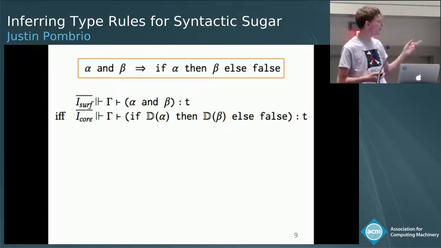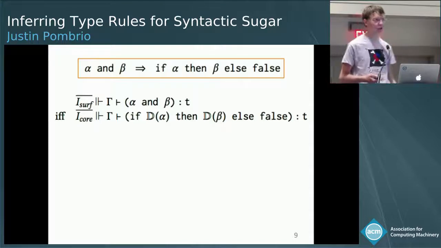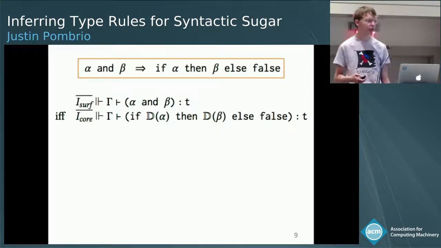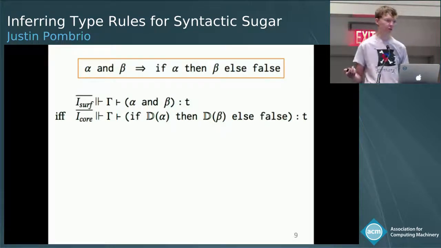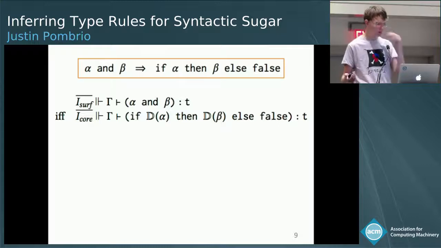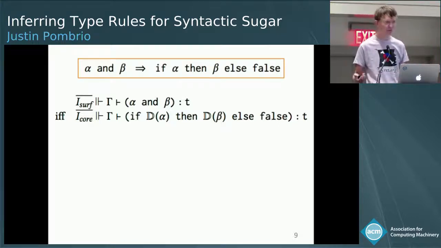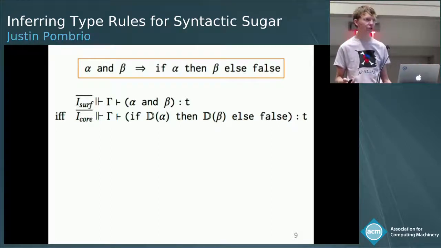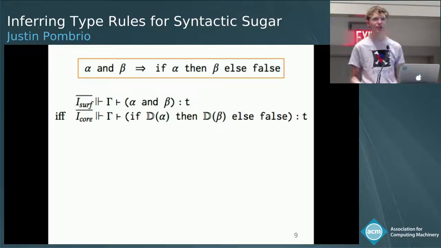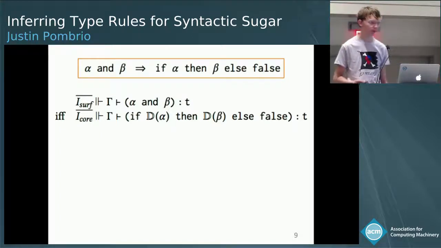So isurf here means in the surface language, and icore means in the core language, and the fancy D is desugaring. So this is saying that I would like, for my type rule for AND, that alpha and beta has a type T in the surface language if and only if its desugaring has the same type in the core language. In other words, desugaring should preserve types.